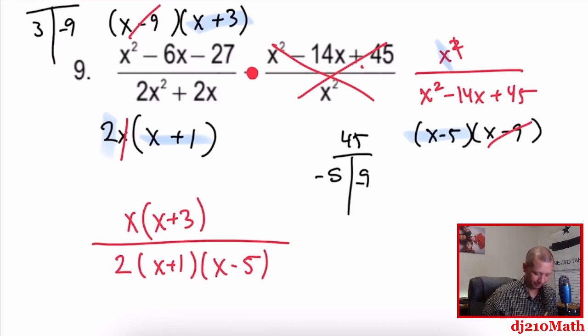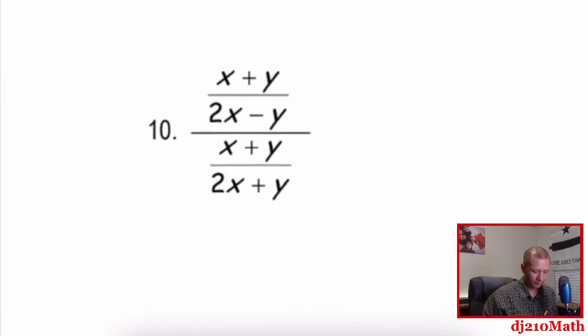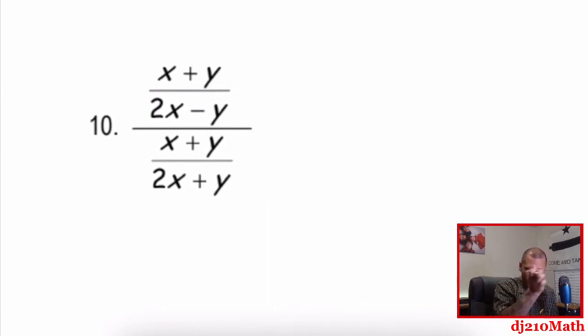Okay. Moving right along. Number 10. We have a compound fraction. Two fractions inside of a fraction. So when this is the case, we keep the top, the numerator, whatever it is. We change division to multiplication, and then we flip the bottom.